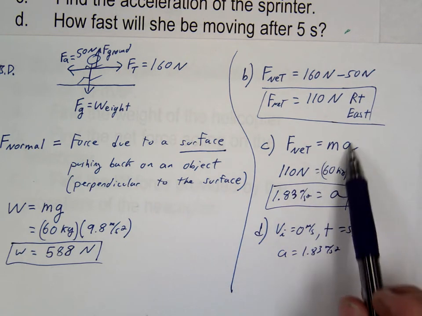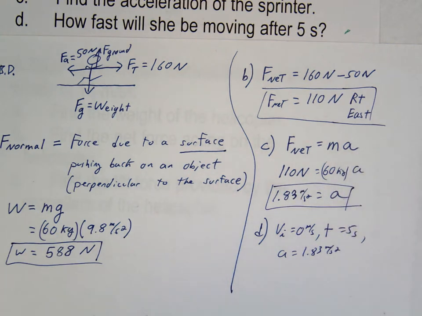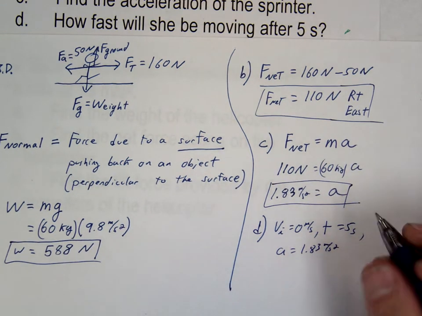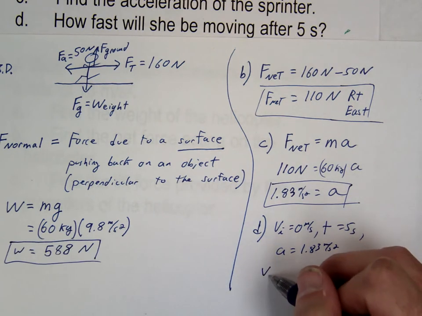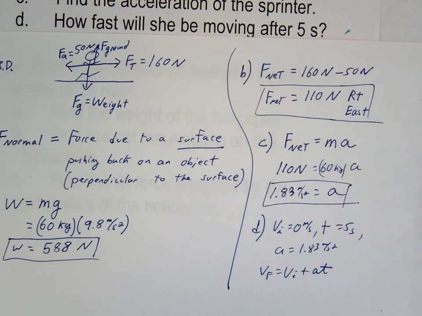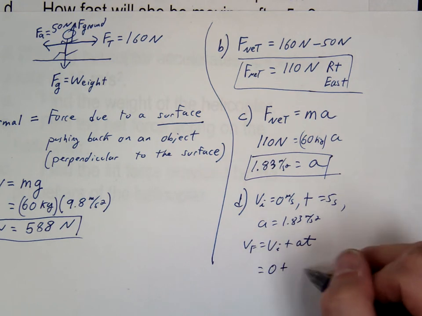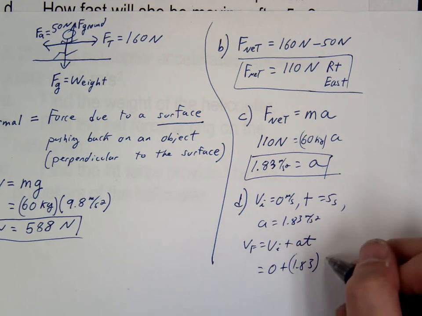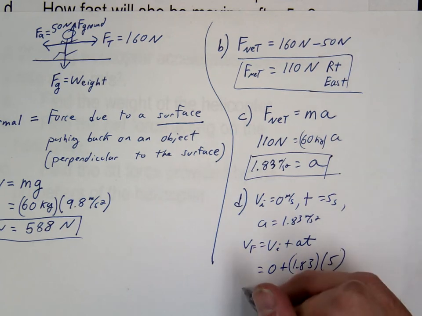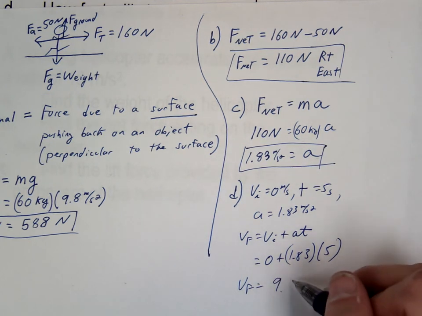A is the crossover. Sometimes they'll give you acceleration, sometimes you have to find it. You'll use kinematics from time to time. Which one's going to be good for us? The nice easy one. Zero plus 1.83 times 5. 9.15.